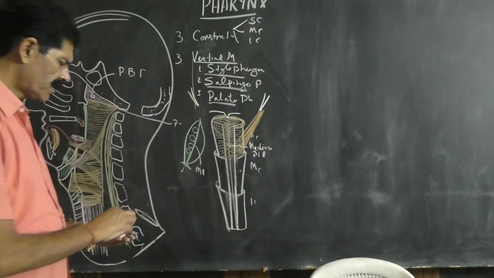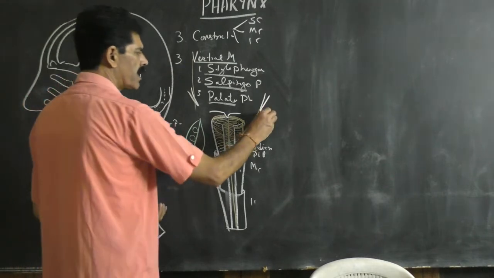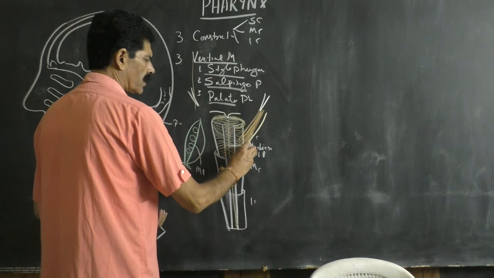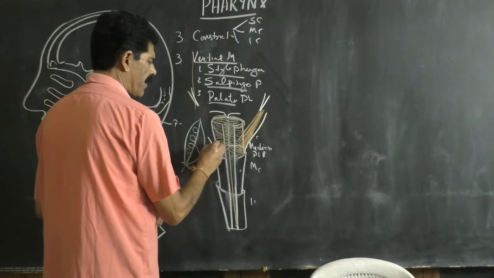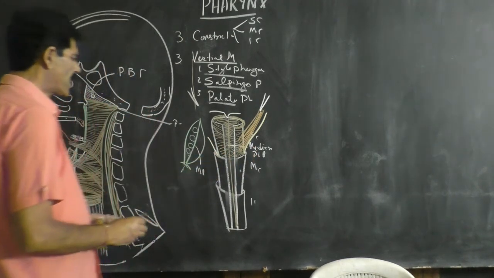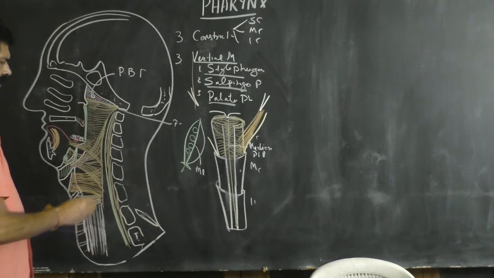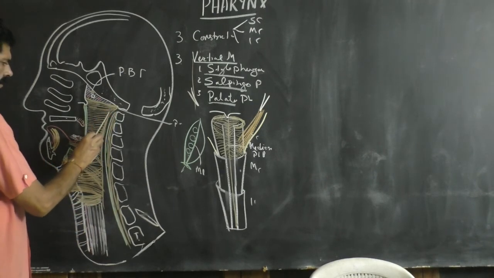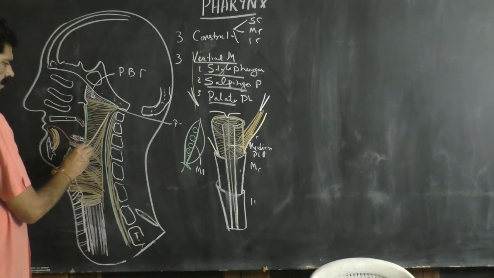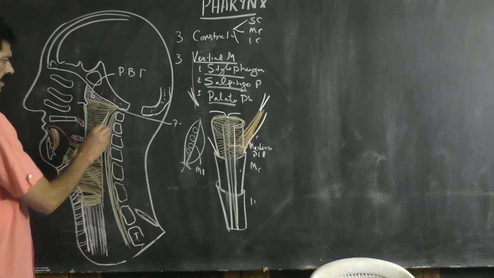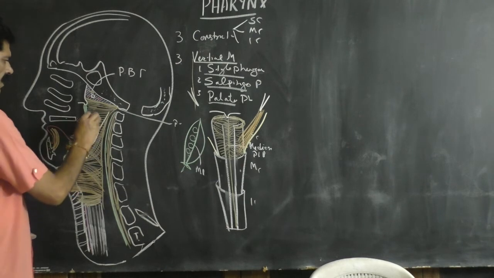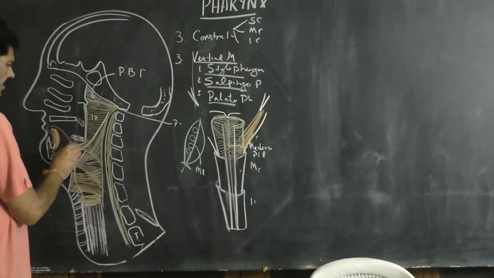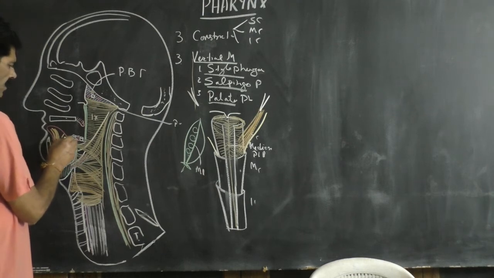The stylopharyngeus muscle is accompanied by the glossopharyngeal nerve, which enters the gap between the superior and middle constrictor muscles. The ninth nerve enters because it has to supply the posterior one-third of the tongue.